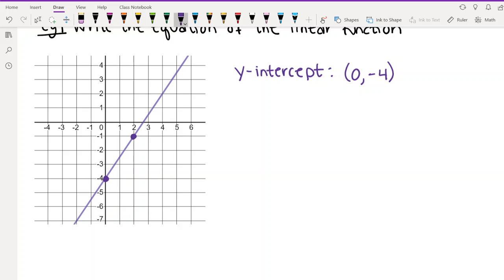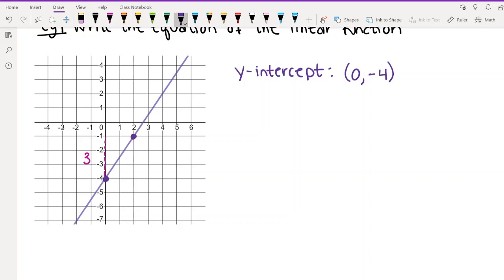Then you can either count the boxes or subtract the coordinates. In this case, I think it's easier to just count boxes. To figure out the vertical change, we count how far we go up from the first point to the second point, and it looks like that is a rise of 3.